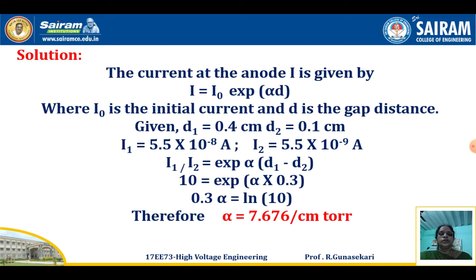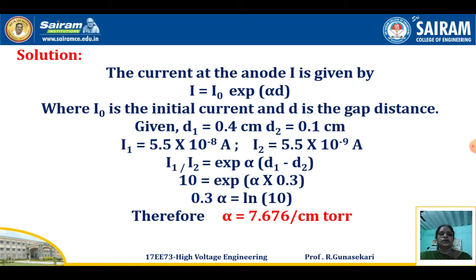So I1/I2 = 10 = exp(α(d1 − d2)), with d1 − d2 = 0.4 − 0.1 = 0.3. Therefore 10 = exp(0.3α). To remove the exponential, we take the natural logarithm on both sides, so the exponential is cancelled. Therefore ln 10 = 0.3α.